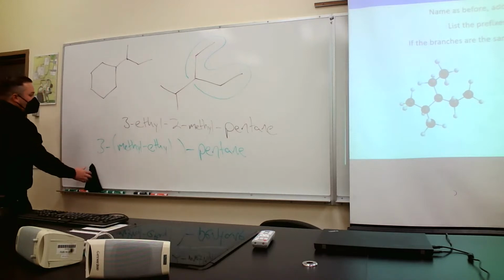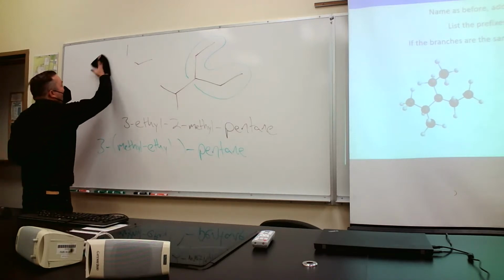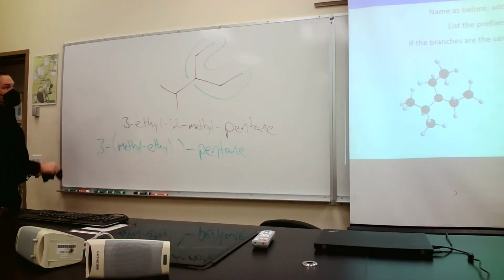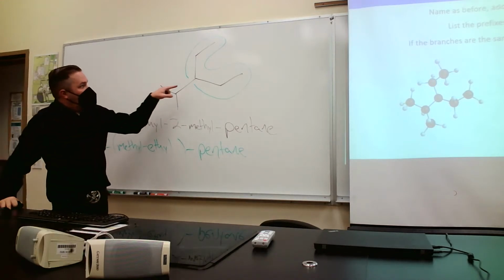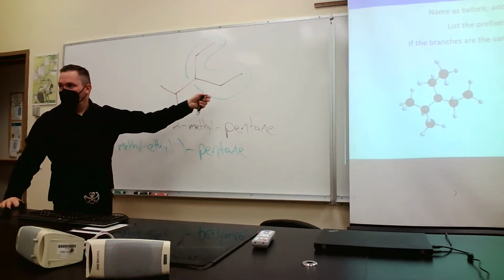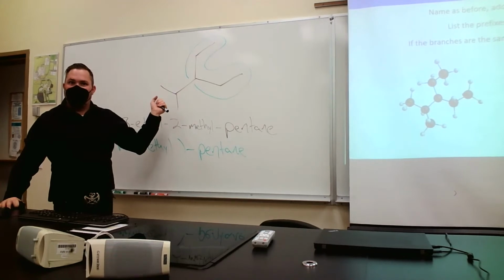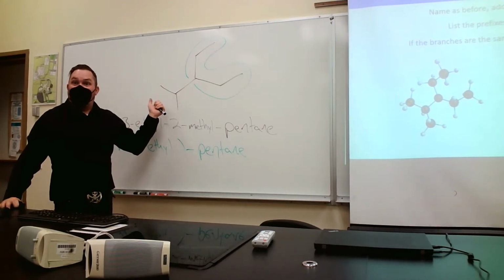But what's generally easier than even using the parentheses is a lot of times just picking which way you count. If you have multiple choices for your longest continuous carbon chain, count the way that makes it so that you don't have any complicated branches.